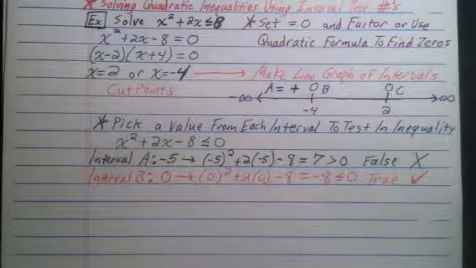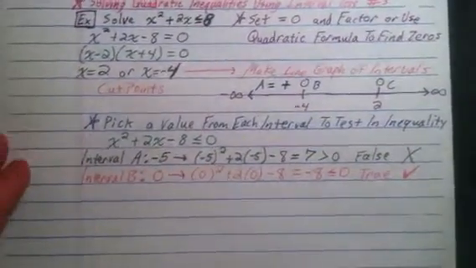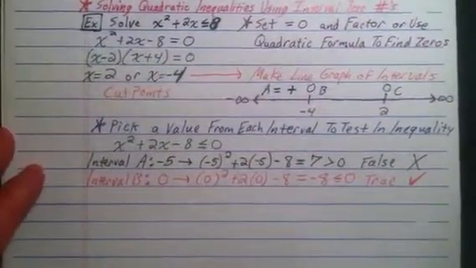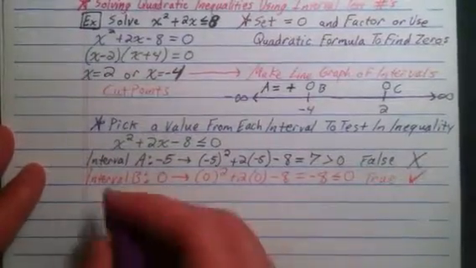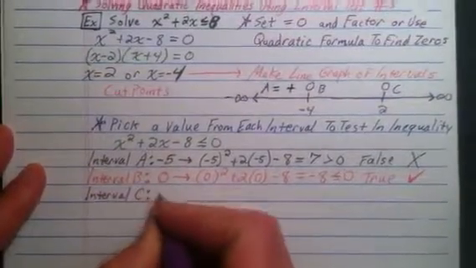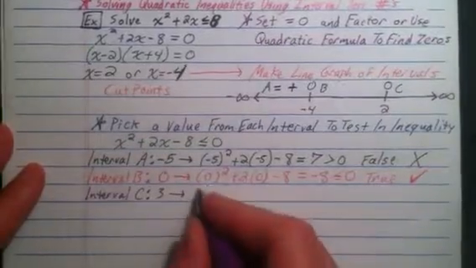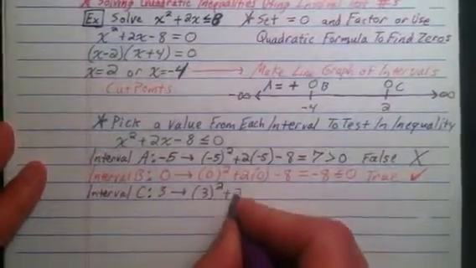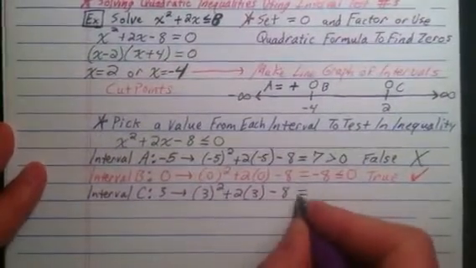Then we have to check interval C to see if that's part of our solution as well. So we need to pick a number in interval C, which is anything to the right of +2. We can use 3. So plug 3 into the inequality: 3 squared plus 2 times 3 minus 8.